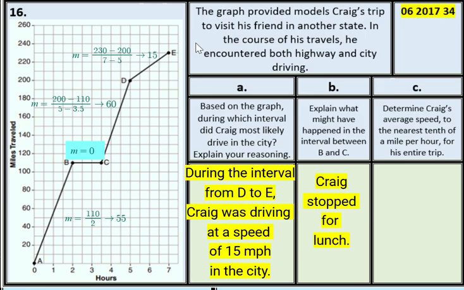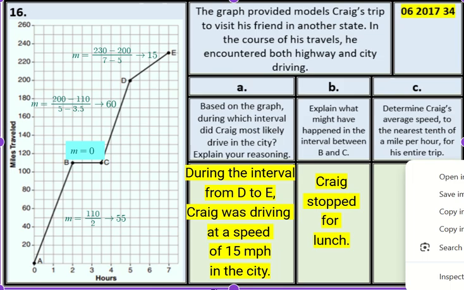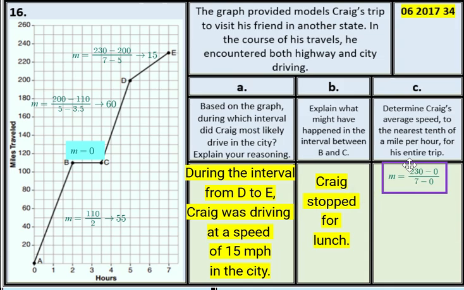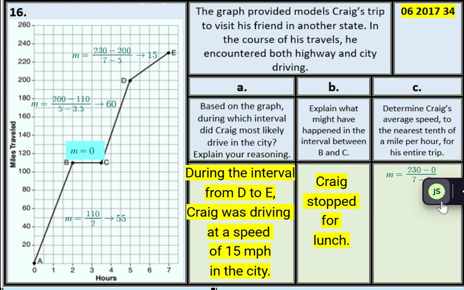All we care about is that he traveled 230 miles and it took him 7 hours to do it. So our slope says 230 minus 0 because he started at the origin, over 7 minus 0. So 230 over 7 calculates to 32.857.